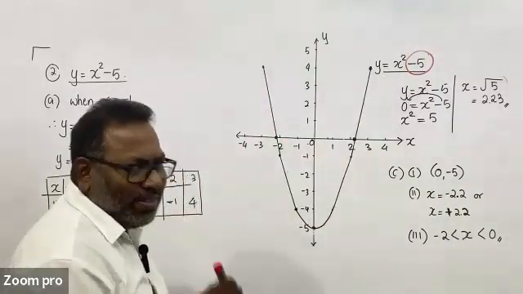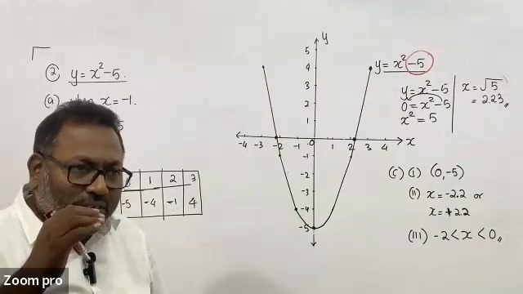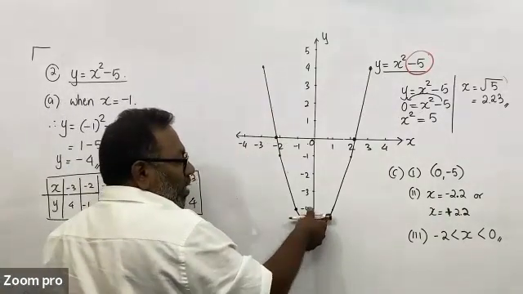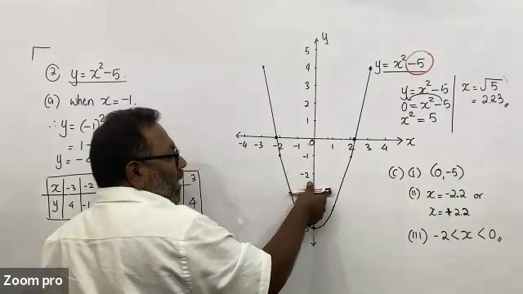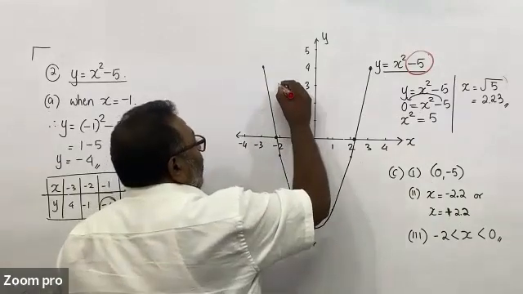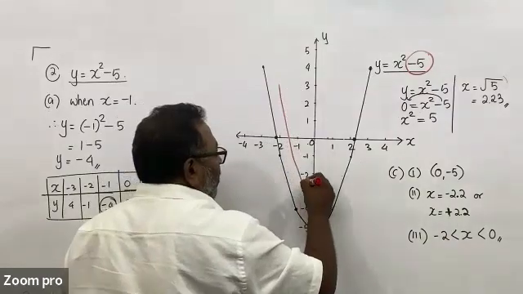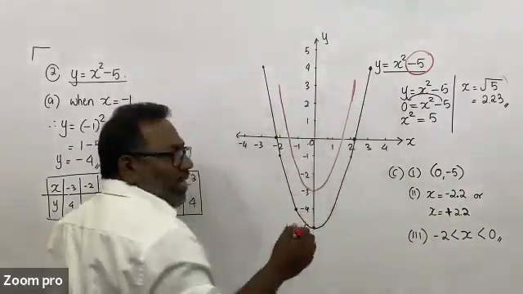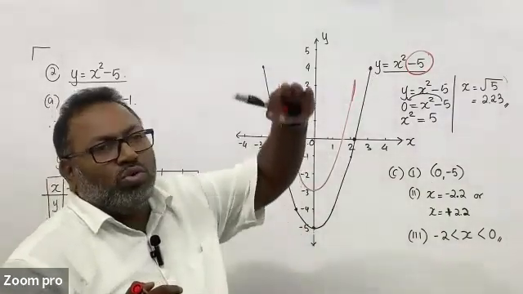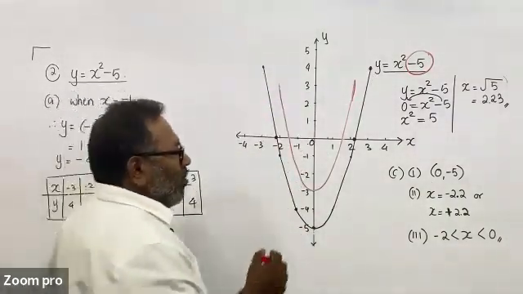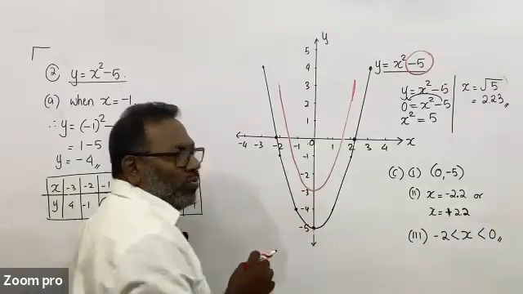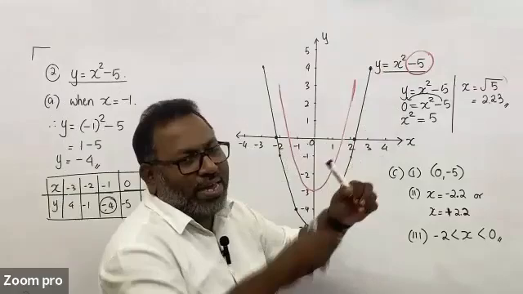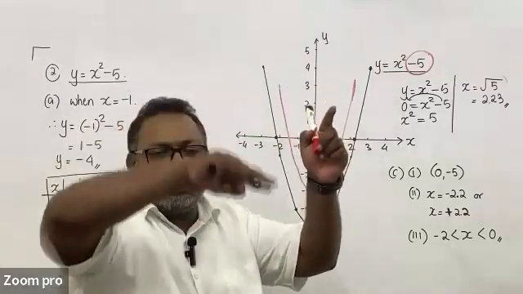Now what they're saying is, if the graph is shifted 2 units upwards, so from minus 5, minus 4, minus 3, your new graph will look something like this, right? So what is going to be your new equation? This will stay as it is. Why? It is about the y-axis.